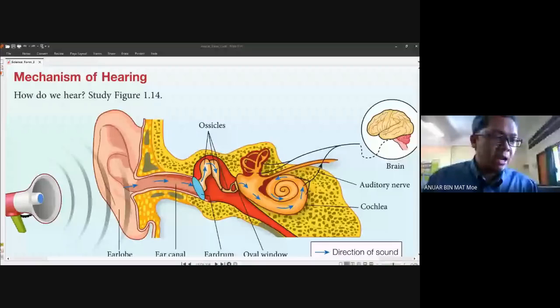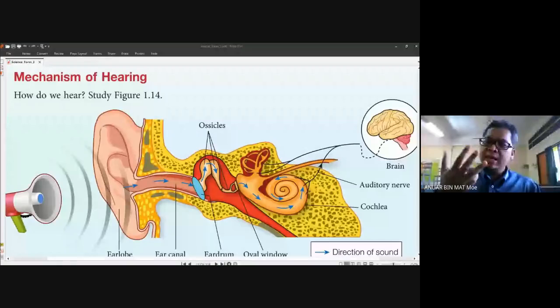Next one is the eyes. Our eyes are one of the sensory organs in human, and with our eyes we use the sense of sight. The next one is our nose. Because we need to smell, we are using the sense of smell.